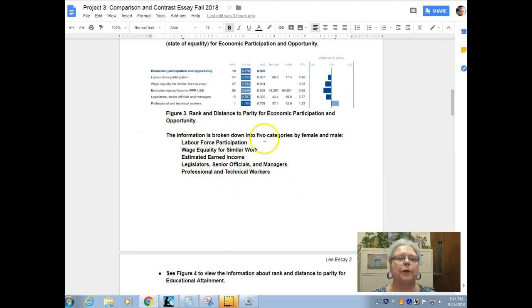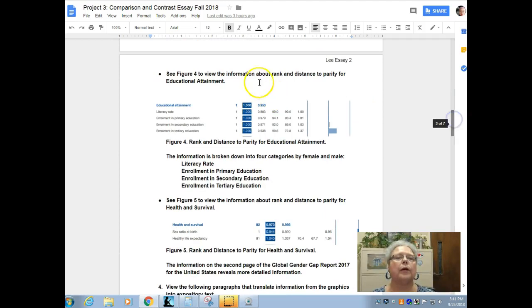Okay, and the information is broken down into 5 categories by male and female labor force participation, all of those that I went through when I was looking at it with you just then. See Figure 4 to view information about the rank and distance to parity for educational attainment. Overall enrollment in college, tertiary education, women far exceed men in that area with 99.6 versus 72.8.